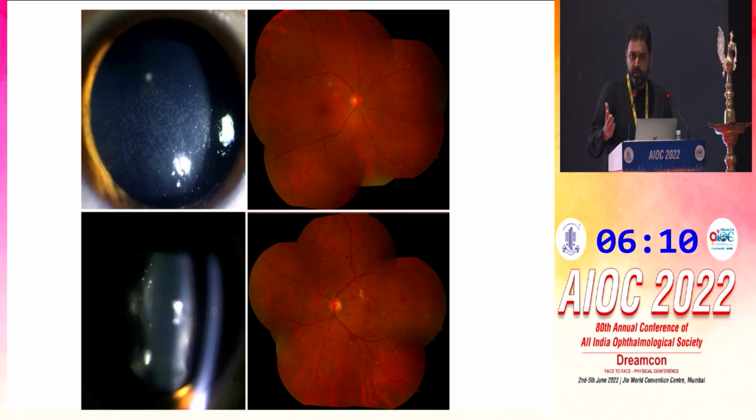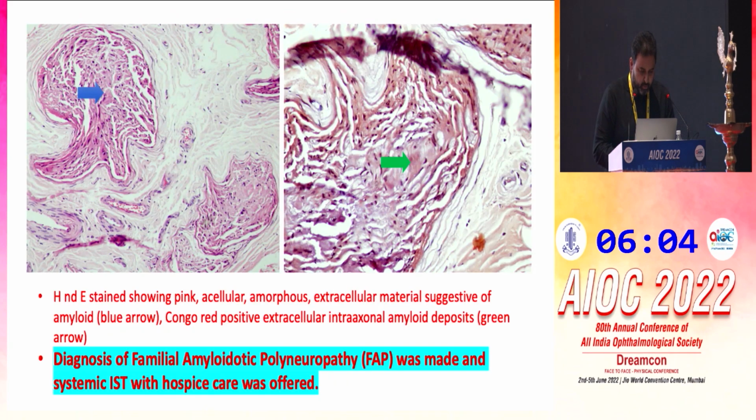They don't look particularly striking, but you can see that there is a microangiopathy because there are cotton wool spots. There are a few microaneurysms as well. This patient, after a systemic examination and an ocular examination, had findings very suggestive of amyloidosis.